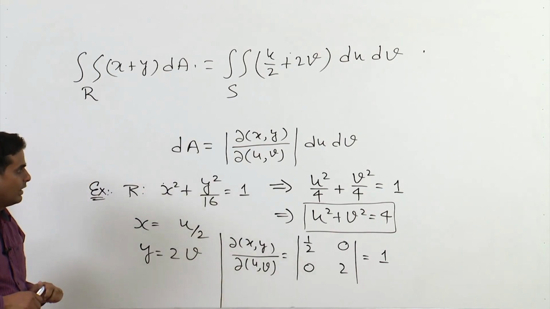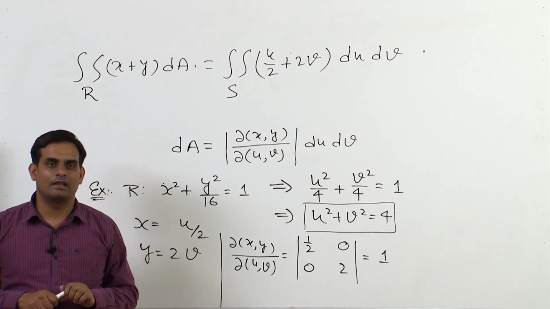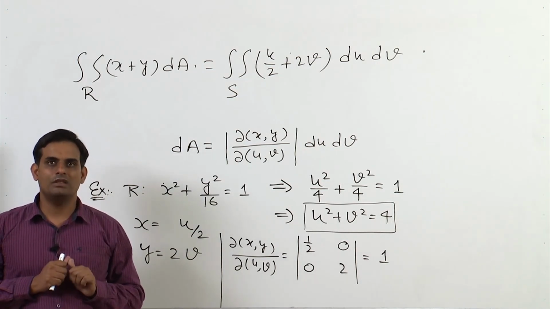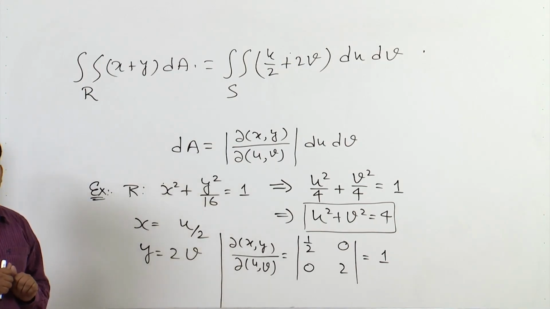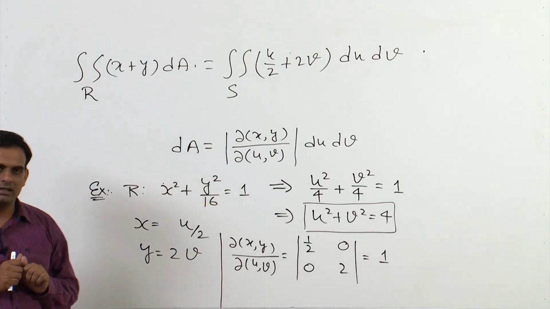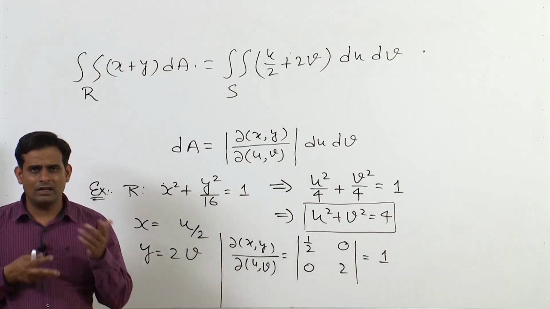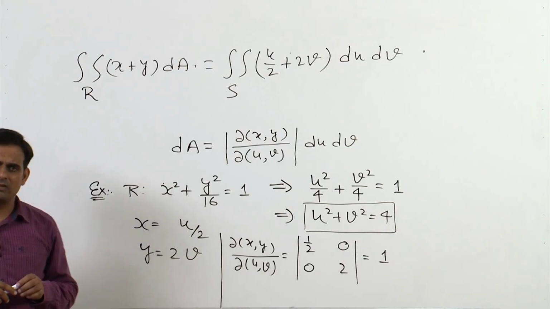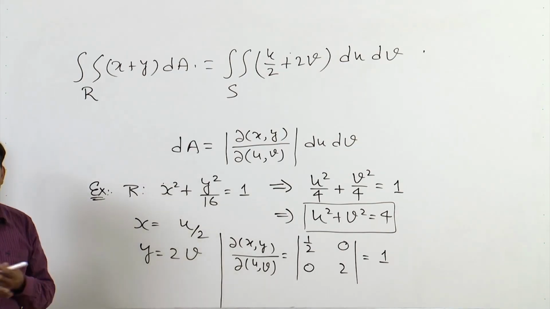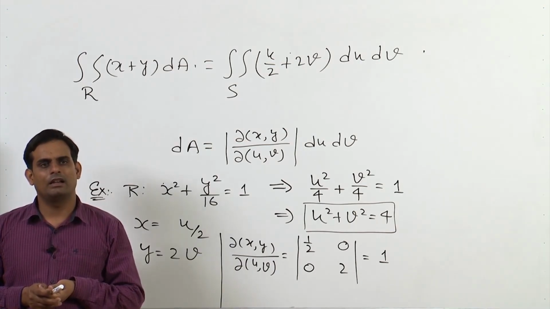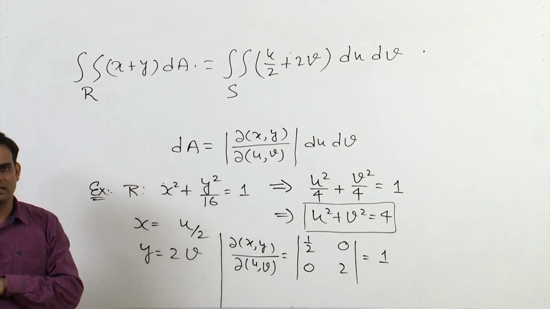Now, there are two reasons for changing the variables. The first reason is, suppose the region of integration is complicated. So, can we apply some transformation so that the region will become a simple region where the integration will become easy?